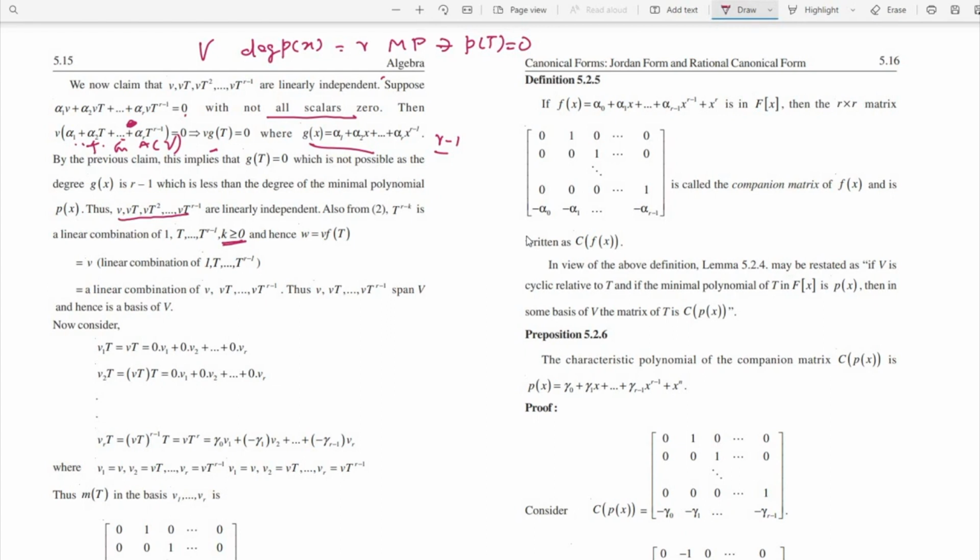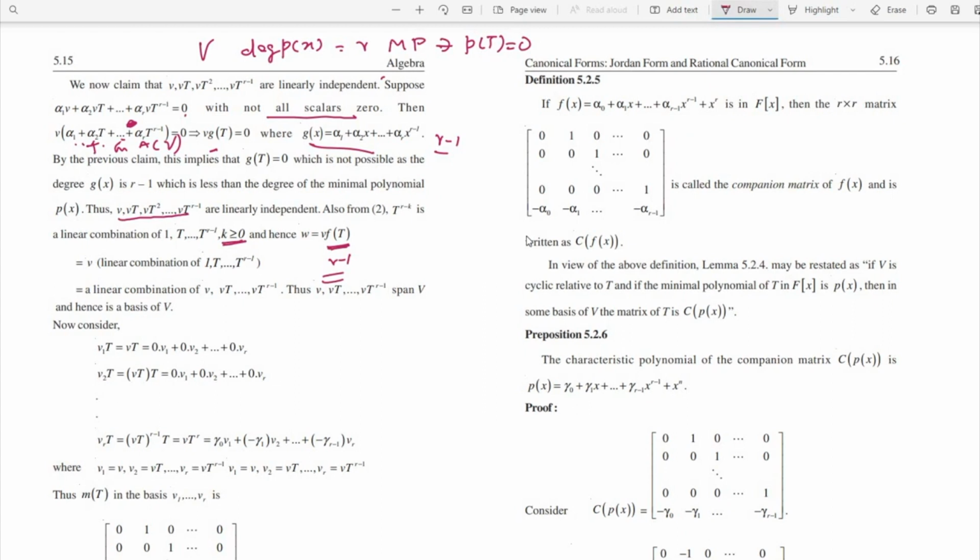So that is a linear combination of 1, t, because whatever may be the polynomial, its degree will come down to a maximum of r minus 1, for the reason that whenever you consider t power r minus k, it will again be a linear combination of all this.